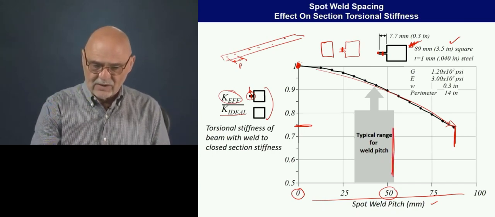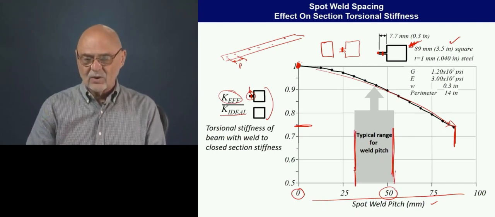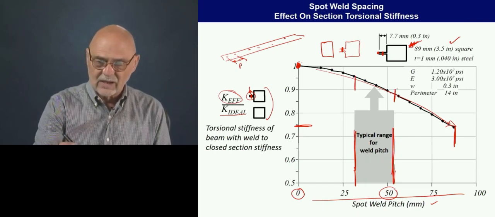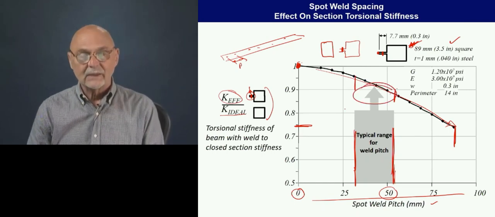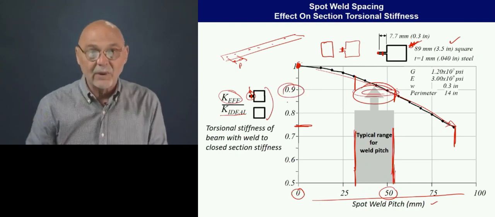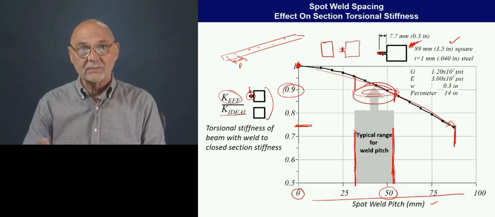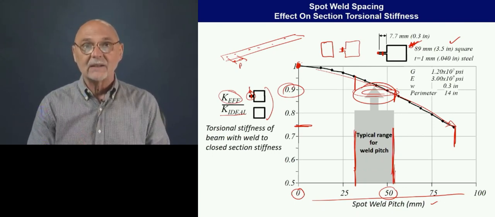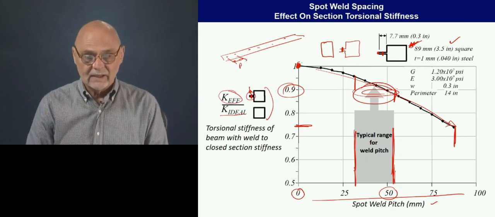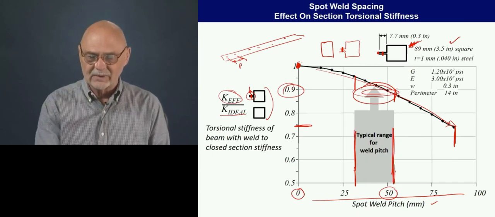Here is the range from 30 millimeters between the spot welds up to a little over 50. So this is the amount of degradation that we can expect. It's not trivial, it's around 90%. So we've lost essentially 10% of the rigidity when we thought we closed the section, because we're using spot welds to close it rather than some other method.